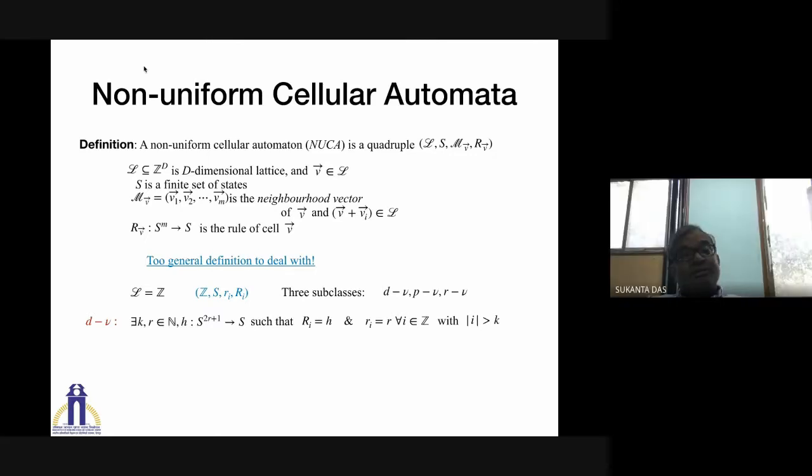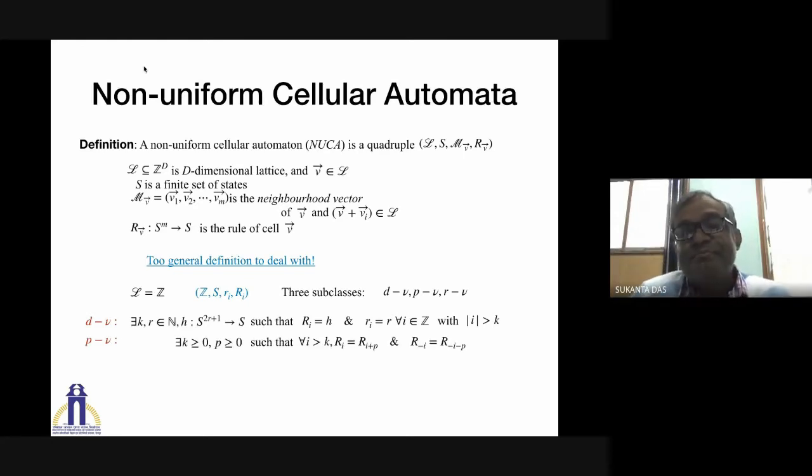So this is the d-NUCA here, and we can generalize this definition. What I'm saying is that the left hand side and right hand side are all using the same rule, the default rule. But what I can say here is, the left hand side uses one set of rules and the right hand side uses another set of rules. If we generalize this, then I get p-NUCA.